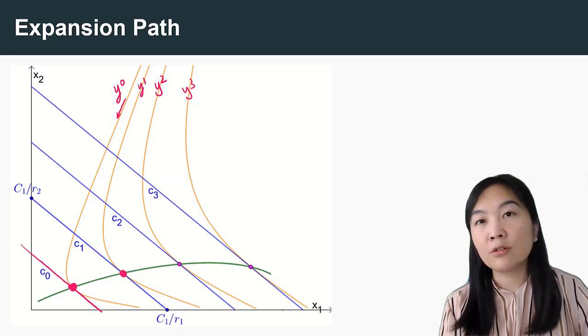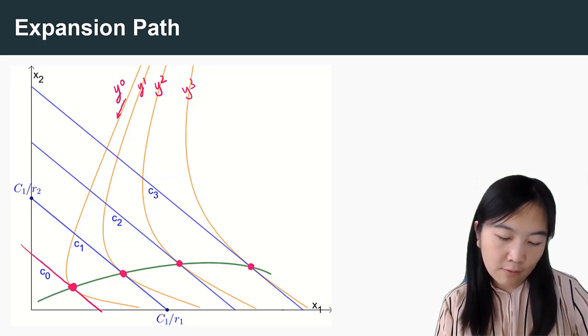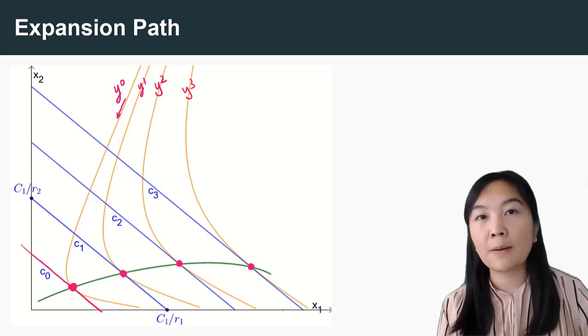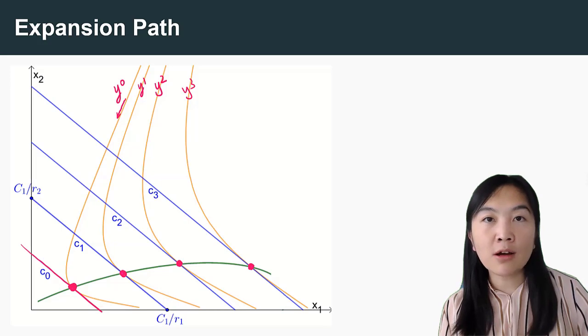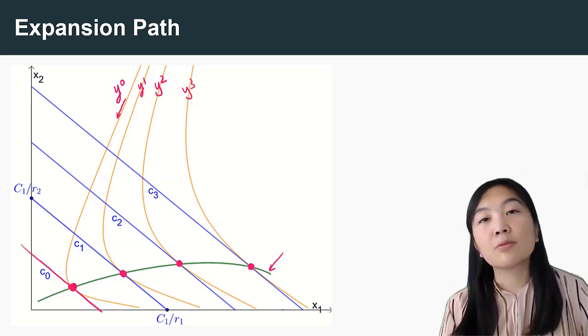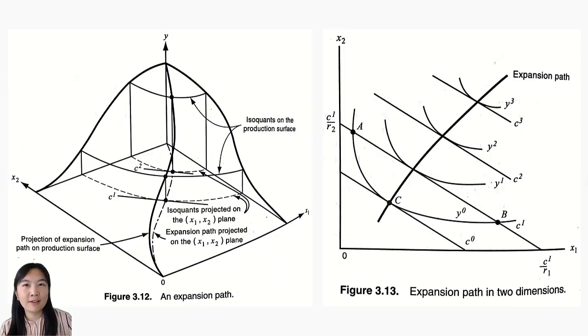And if we do this for all different levels of Y, and if we connect the locus of all those different cost minimization points, or least cost points, then this green line here is what we call the expansion path. What I have shown you in the previous slide is actually the 2D expansion path.